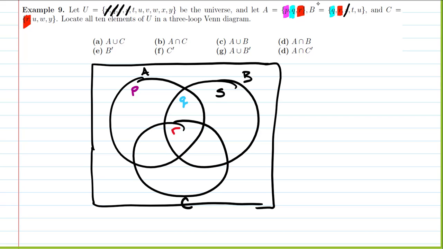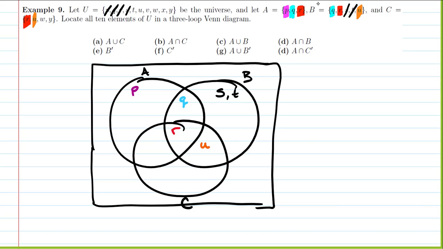T is not in the set C as well, so it's going to go over here. And then we have U. U is in the set C. So B and C is going to be down here, and we're going to get U.